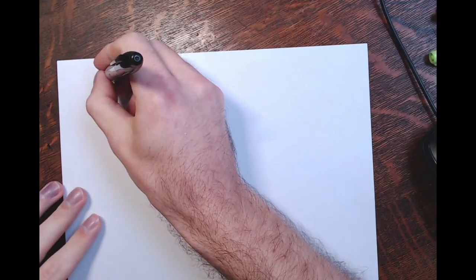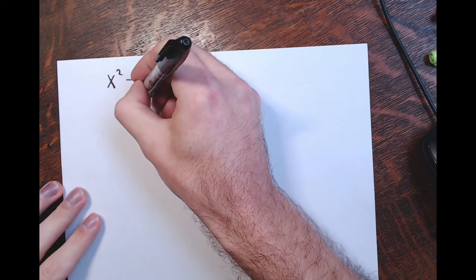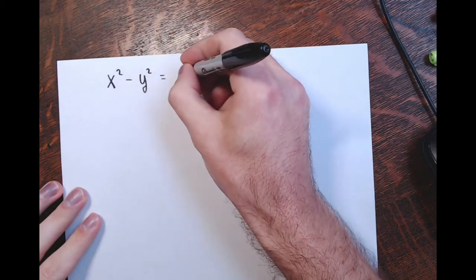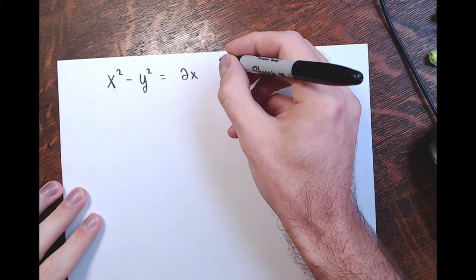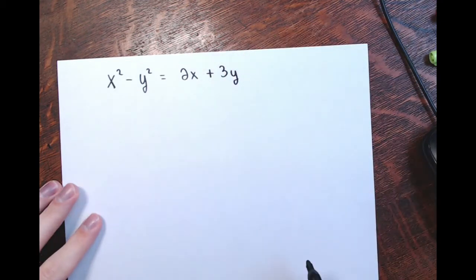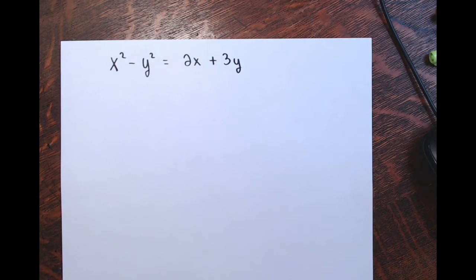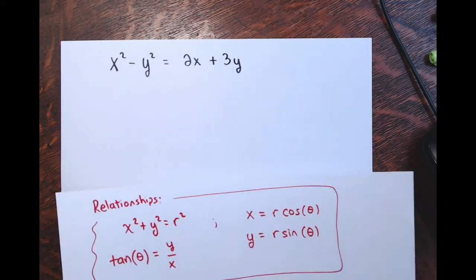The equation we're given in rectangular coordinates is x squared minus y squared equals 2x plus 3y. Now again, I'm hoping you remember all the relationships between polar and rectangular coordinates. I wrote these up last video.